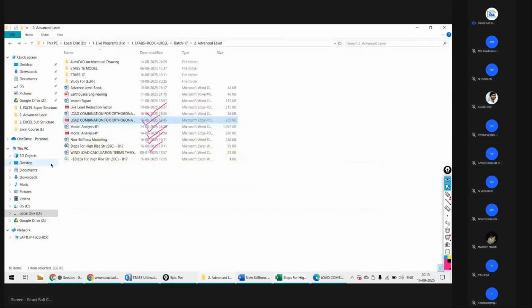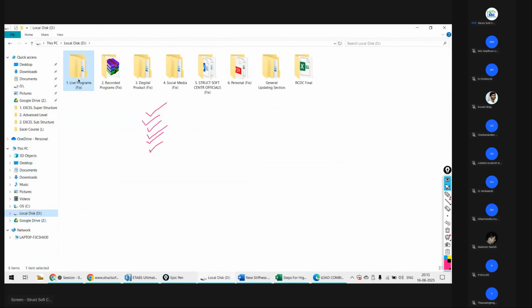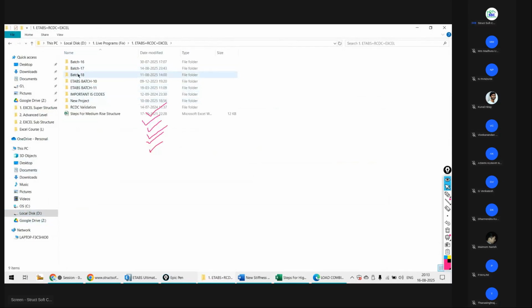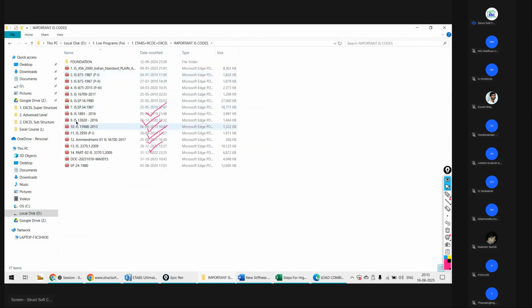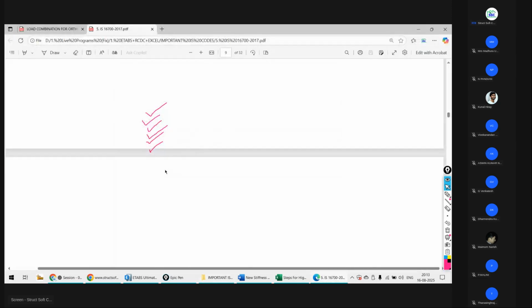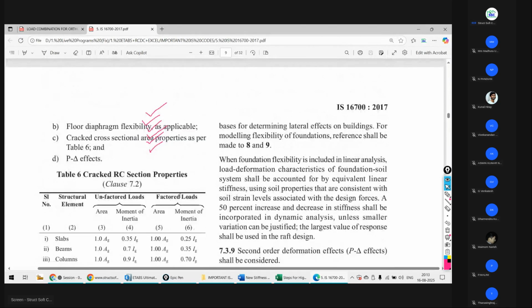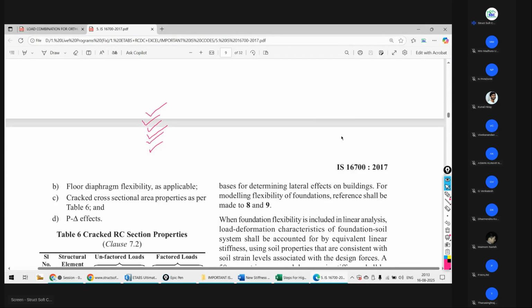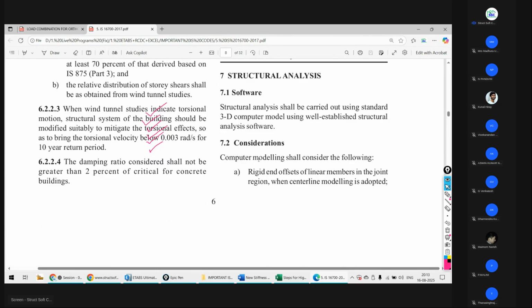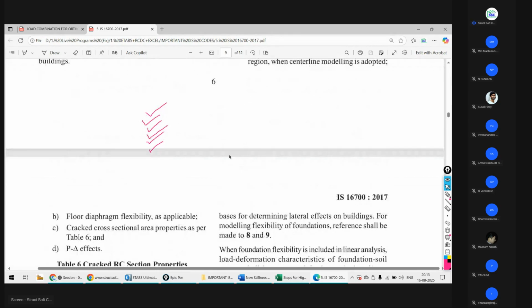When you look at IS 16700, it asks to consider in your mathematical model that computer modeling shall consist of the following things.